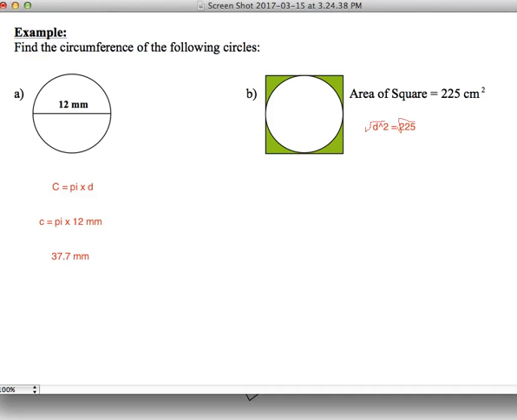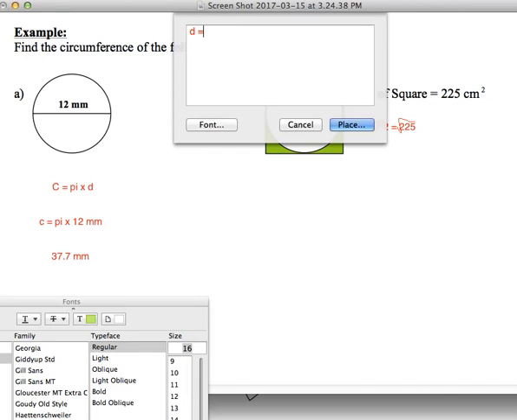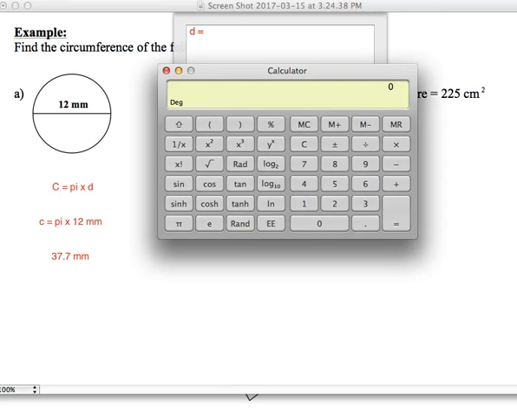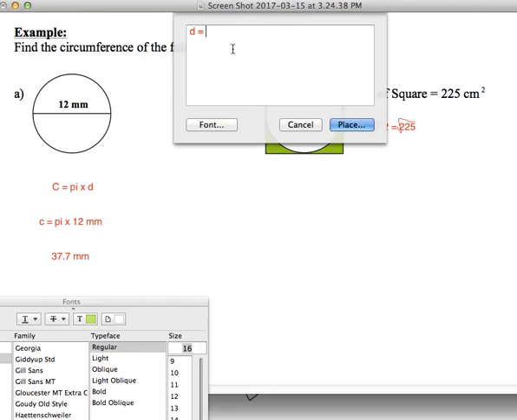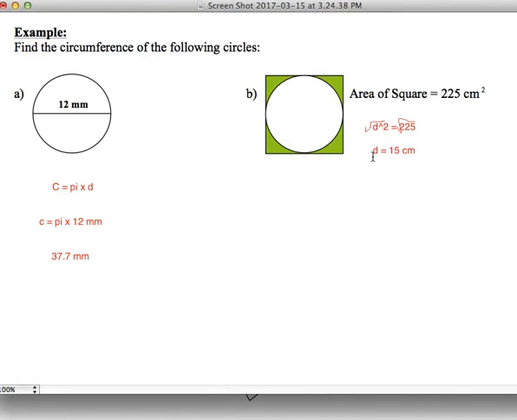So my next line is d is equal to the square root of 225. Let me just square root 225 here, and I get 15. So I can say that the diameter here, sorry, the d here is 15 centimeters. That's my next line here. Diameter d equals 15 centimeters.